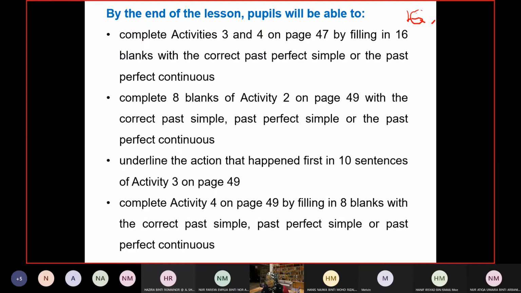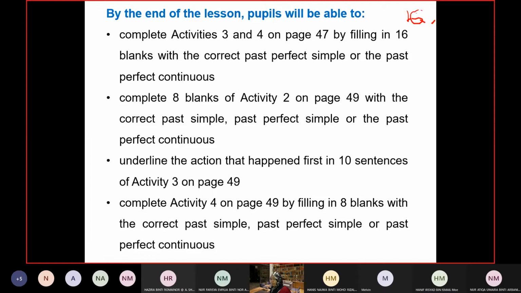Alright, next one. 4.3 later we use between past perfect tense, between past simple. Alright, past simple tu simple past tense yang biasa yang hanya awak letak ed dan sebagainya, tak ada perkataan had, tak ada perkataan had been.